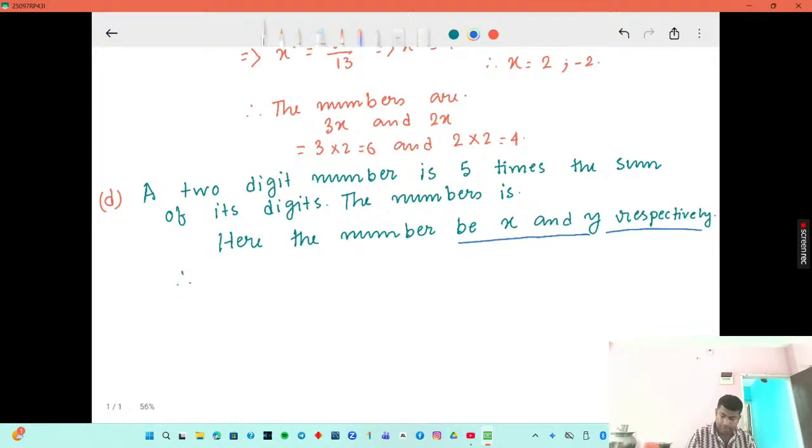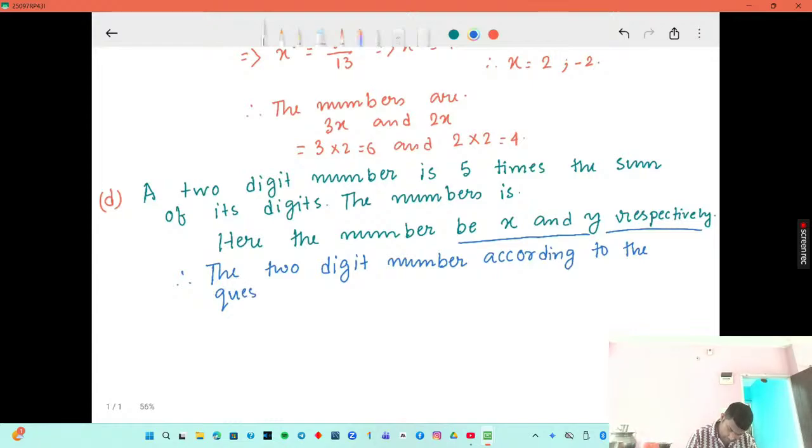Therefore, if the digits are x and y respectively, therefore the two digit number according to the question will be 10y plus x.